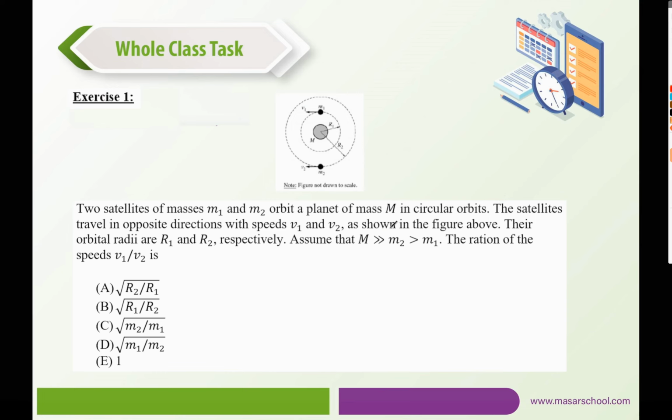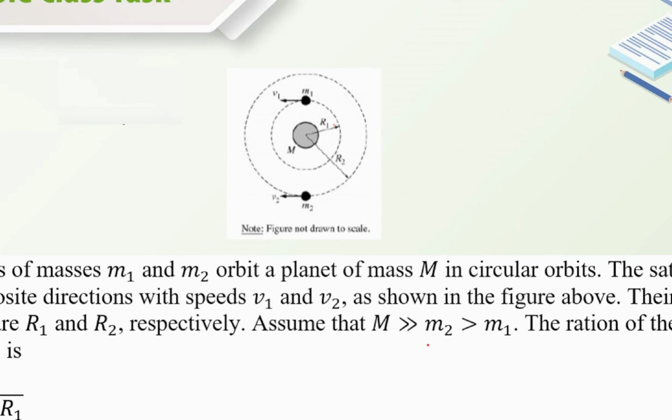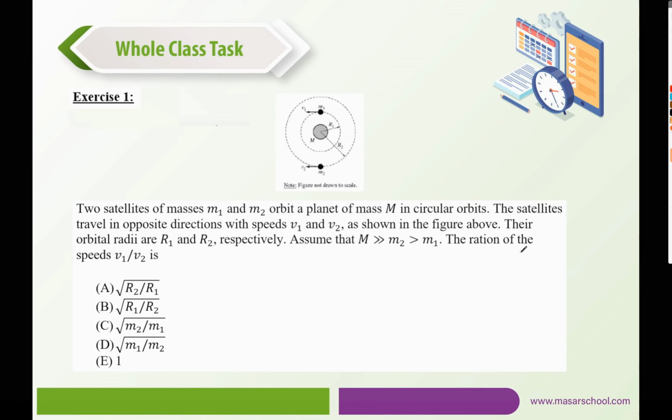The satellites travel in opposite directions with the speeds v1 and v2 as shown in the figure above. Their orbital radii are given by r1 and r2 respectively. Assume that M is much greater than m2 and m1. The ratio of the speeds v1 over v2. So let me do it. v1 over v2 would be the square root of G central mass over r1 over the radical of G central mass over r2.